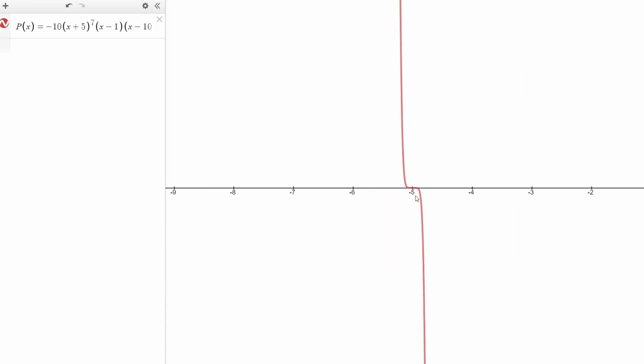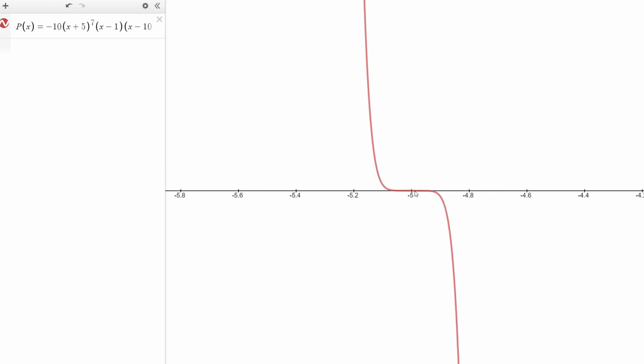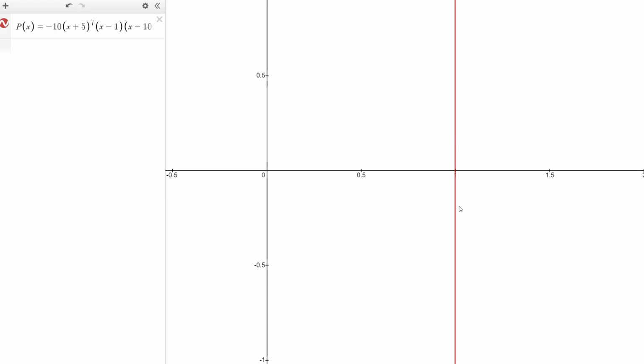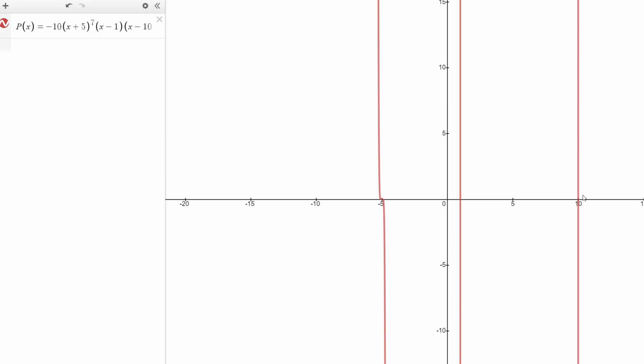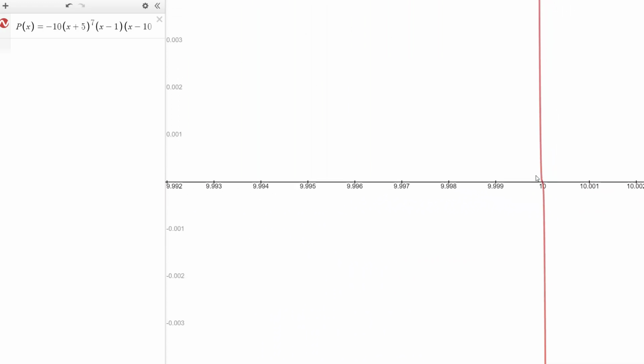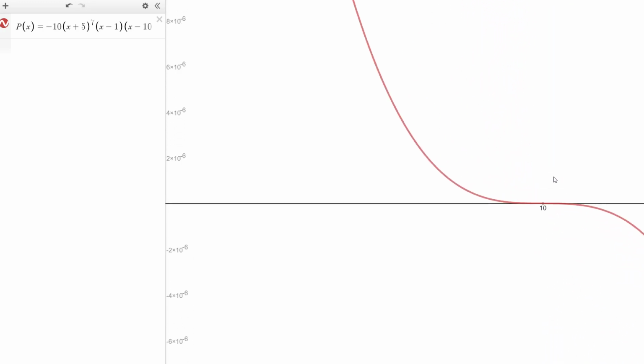Notice though, at x equals -5, it's definitely a flat cubic, which is exactly what we said it should be. Also notice that as it goes through x equals 1, it's like a very steep line, which we said it should be. But at x equals 10, it's not going to look like the behavior we said it should look like until we zoom in a lot.